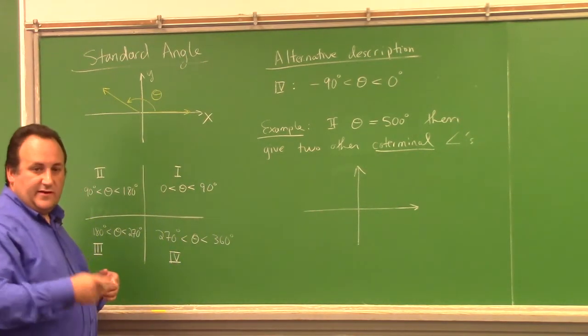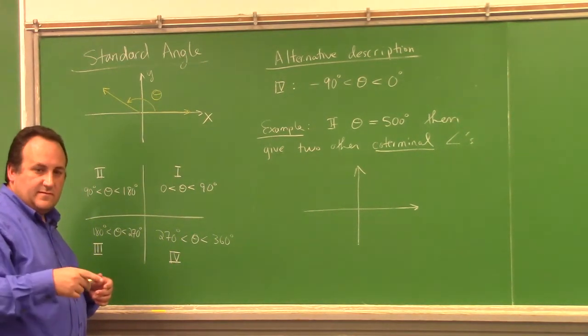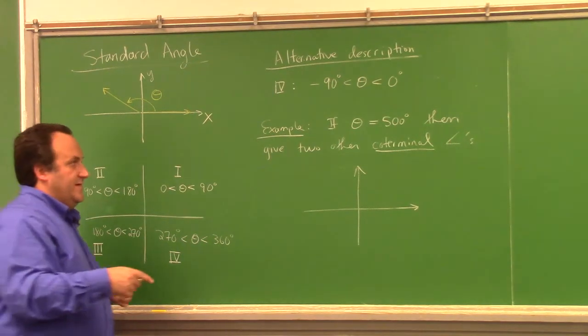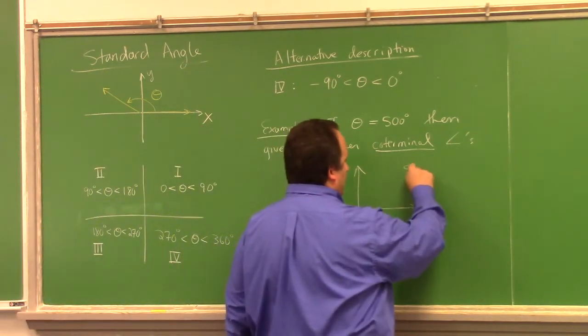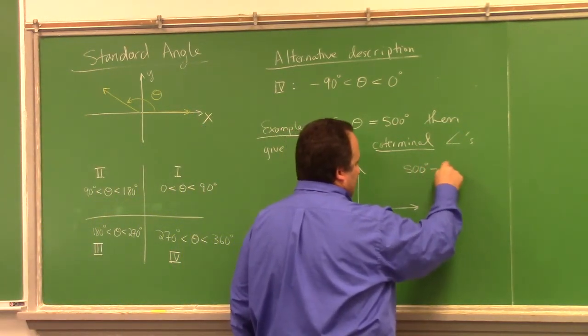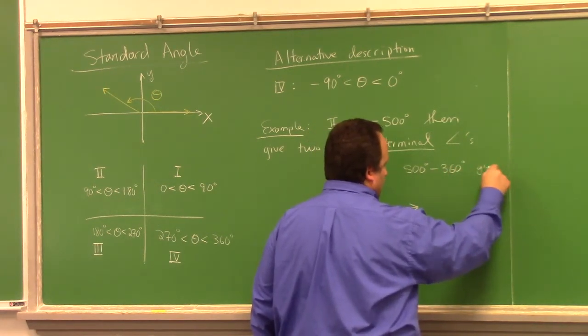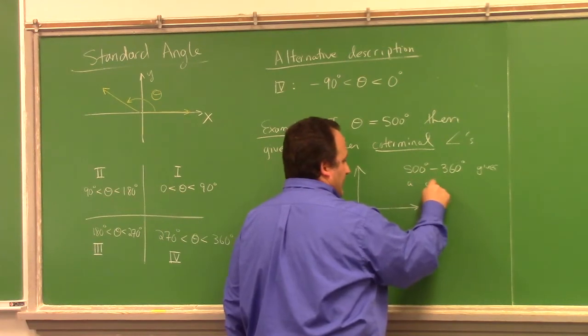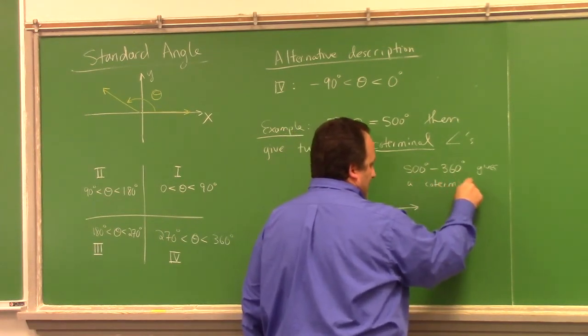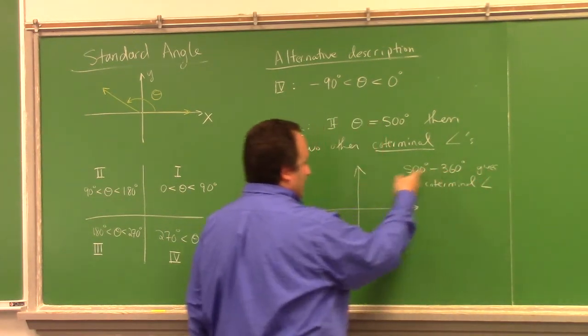It's 140? Now, how did you get 140? What did you do? 500 minus 360. Yeah, so 500 minus 360 gives a coterminal angle to the 500 degrees.